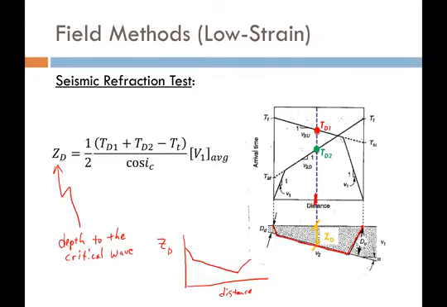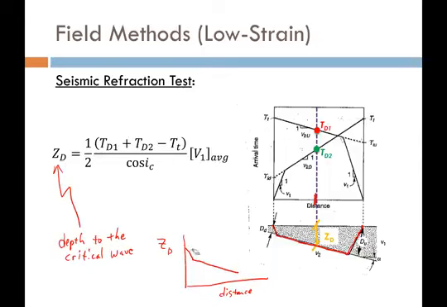Okay, the ground surface really doesn't look like this on the ends of your geophone line. You've got to remember that those sloping down and sloping up parts, think of those as the wave paths from the source down to the boundary, and then from the boundary back up to your last receiver.